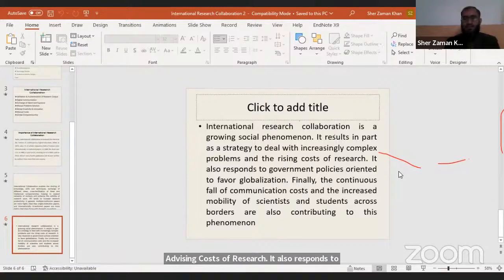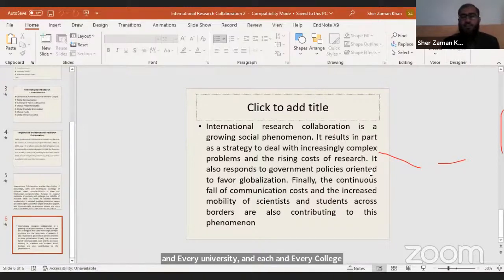On the other hand, with the decrease in communication costs and the increased mobility of scientists and students across borders, international research collaboration has become the hottest phenomenon for each and every university and each and every college researcher.